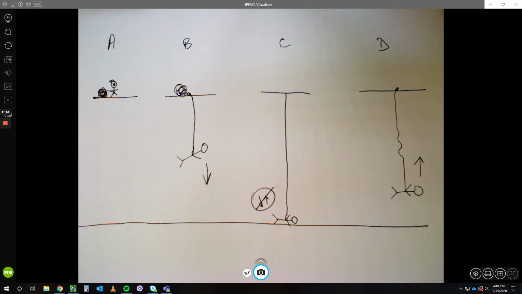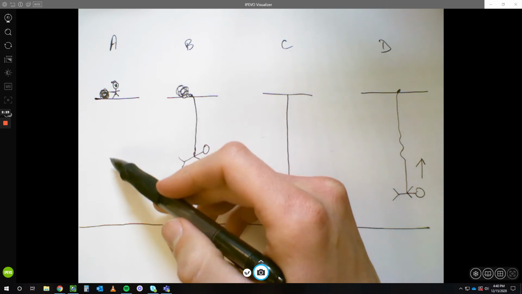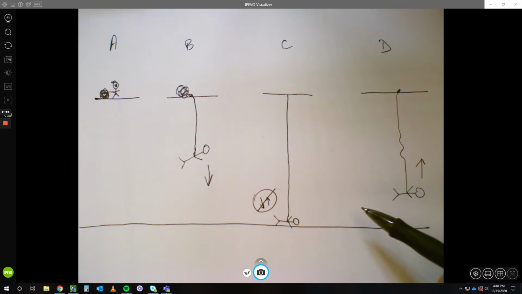Or elastic potential energy, which is because something's been stretched or compressed. Go ahead and pause the video and label the types of energy each one of these has, keeping in mind that it may have more than one type of energy. Pause the video and then come back after you've written them out.